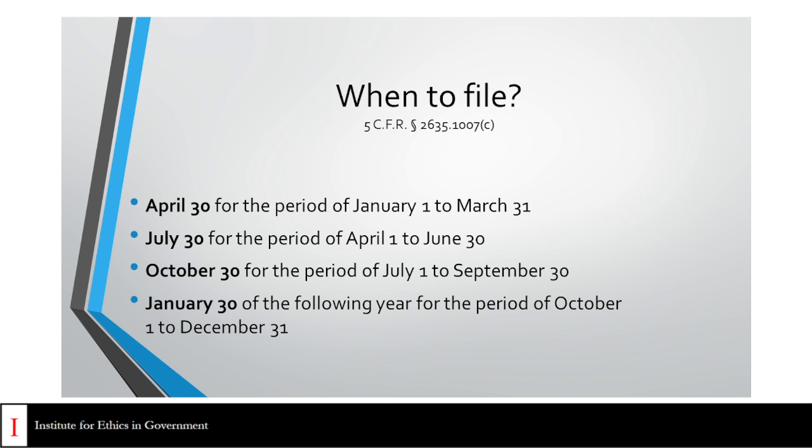For each quarterly report, a single extension of 30 calendar days may be granted by the employee beneficiary's DAO for good cause upon written request by the employee beneficiary or their trustee. For those filing with OGE, OGE also has the authority to grant a 30-day extension for good cause. Next slide, please.